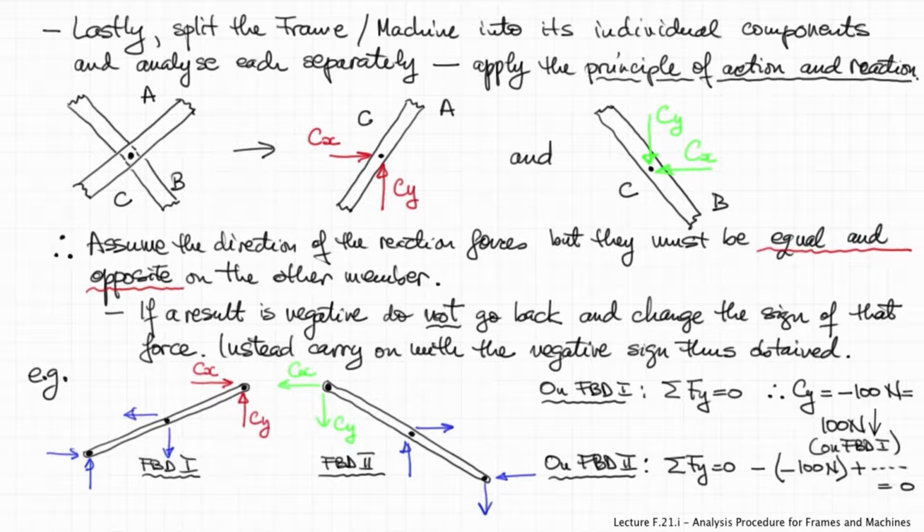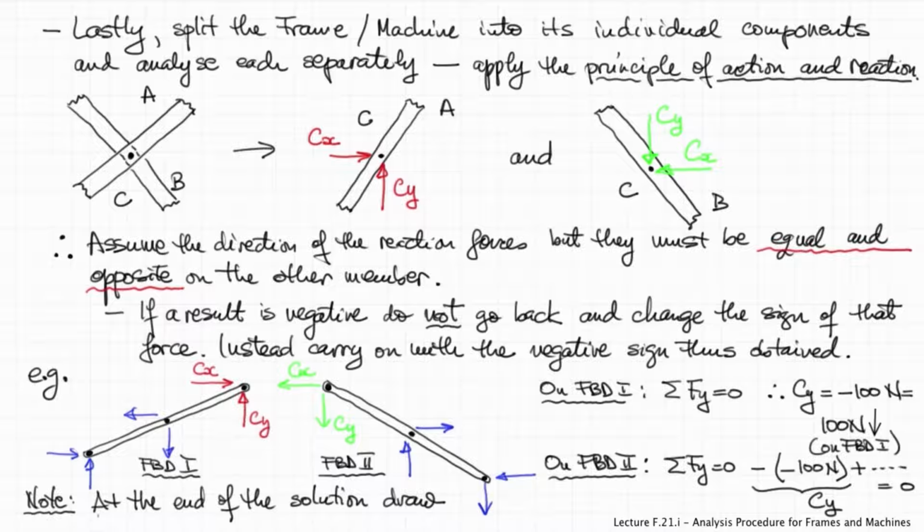So Cy points downwards, and then carry the negative sign in the bracket like so. So downwards, a negative force. That's the first minus standing for that, and then the second minus in the bracket stands for the actual sign of the force obtained from the first equation.